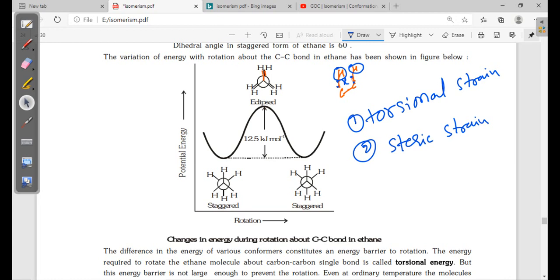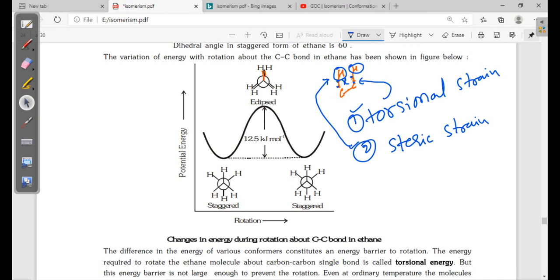Which strains? Torsional strain and steric strain. Due to sigma electrons it is called torsional strain. Due to big bulky groups, that is steric strain. So due to these two reasons, eclipsed is unstable.